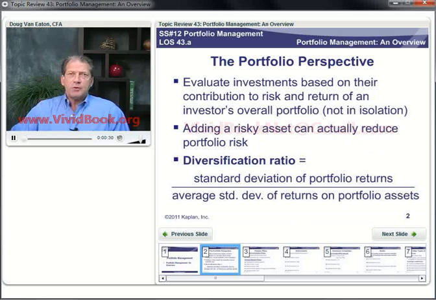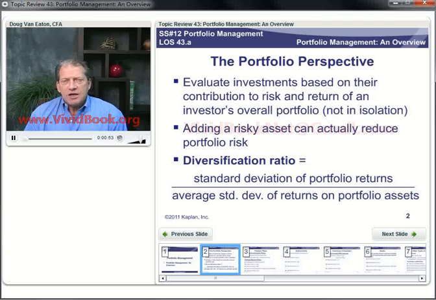The first thing we want to talk about is the portfolio perspective, though. Now, it used to be, back in the day, every investment would be looked at in terms of its risk, and that had to be suitable to the client. So if you had a retired client with low risk aversion, you'd talk about top-rated bonds, you'd talk maybe about some blue-chip dividend-paying stocks.